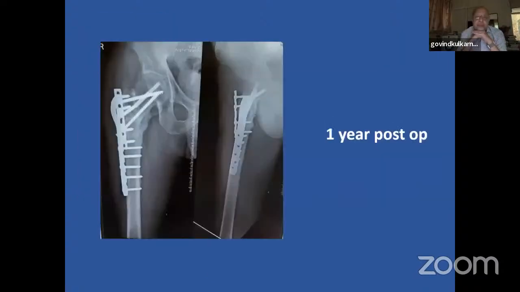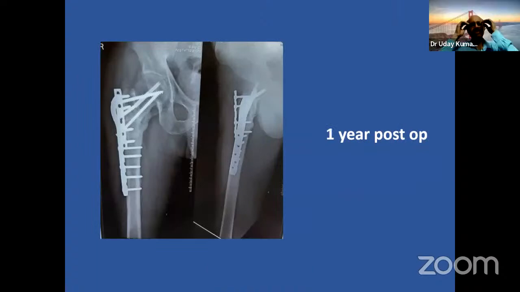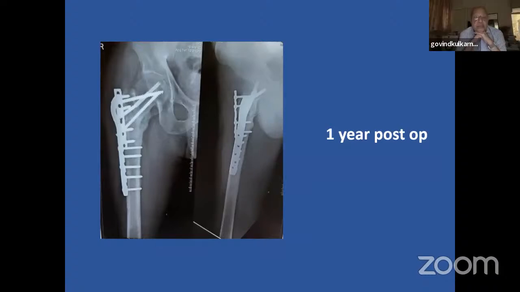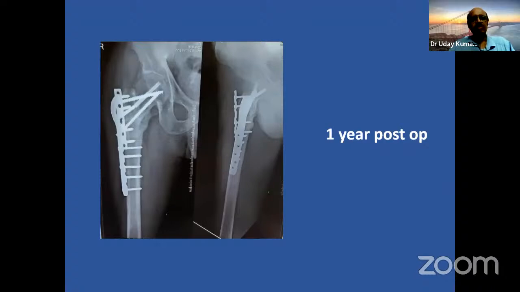The only reason I put this up was our experience with it. Would you have tried a blade plate in this case? No, I have not tried. Would it be a good option? The only thing was this broken screw was there inside, and we would have to remove that to put a blade plate.